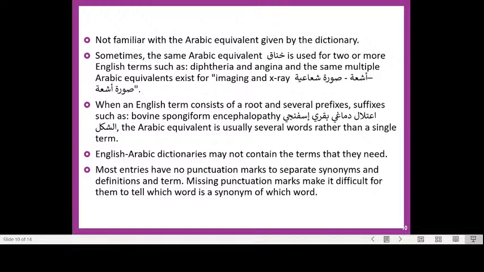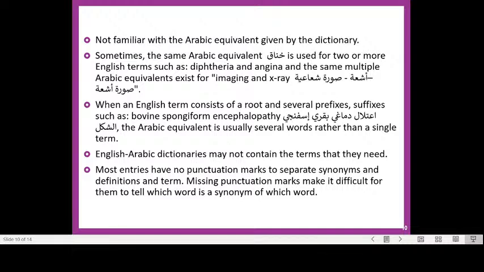When an English term consists of a root and several suffixes, such as bovine spongiform encephalopathy, this is a long term, and the equivalent is also a long term, اعتلال دماغي بقري إسفنجي الشكل. The Arabic equivalent is usually several words rather than a single term.